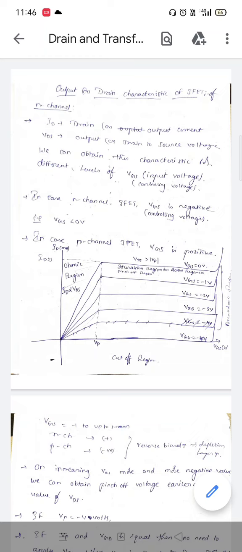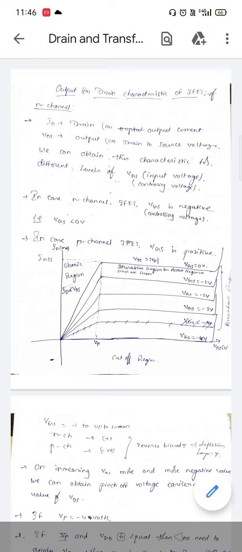So far we have discussed the construction and working of JFET in the case of VGS equal to 0 volts and VGS equal to negative voltages.